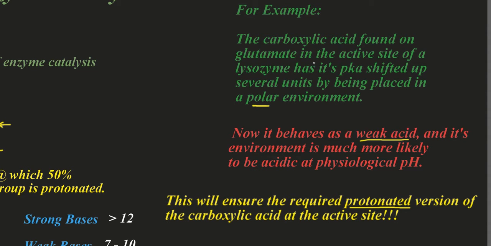So by placing that glutamate in a polar environment, we've shifted the pKa up, now guaranteed the presence of the proton on that carboxylic acid so it can play its role in the catalysis of the substrate of the lysozyme.